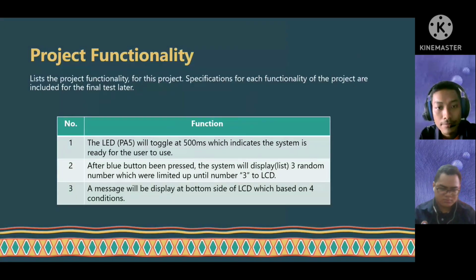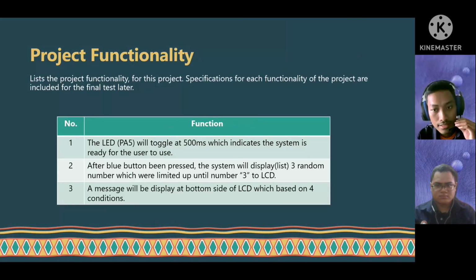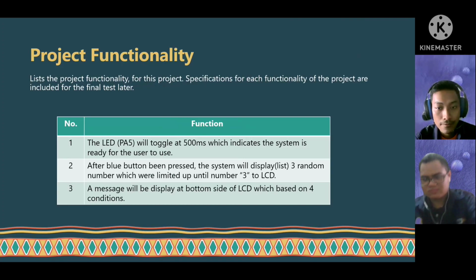Then after the blue button is pressed, the system will display numbers, limited up to number 3, on the LCD. The result will be displayed at the bottom side of the LCD, based on four conditions.